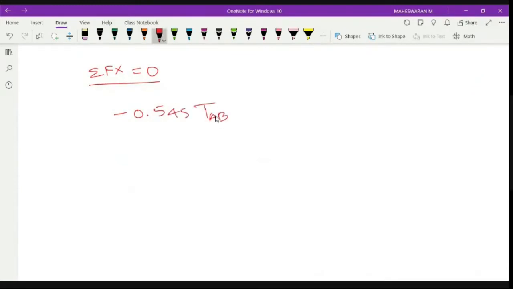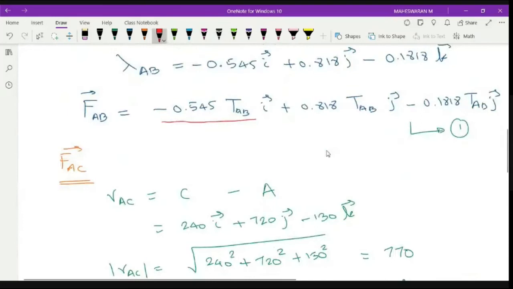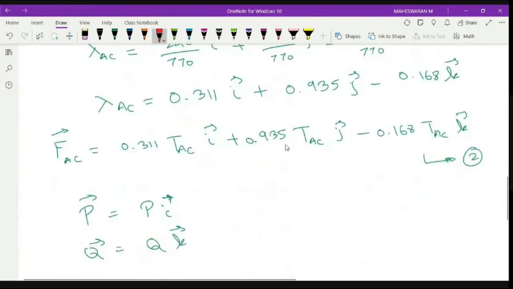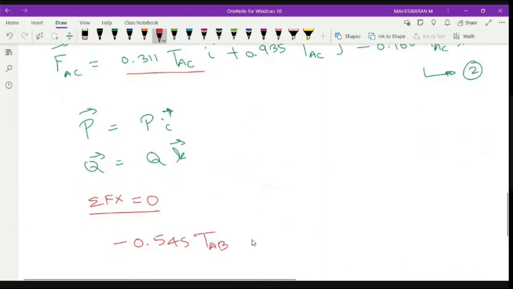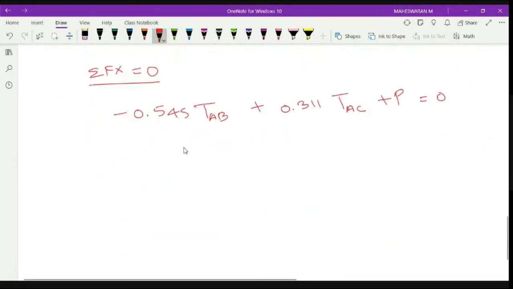Next, in the second equation, I have another i vector, so plus 0.311 TAC, plus P is equal to 0. So this is the third one, and I will call this equation number 3.